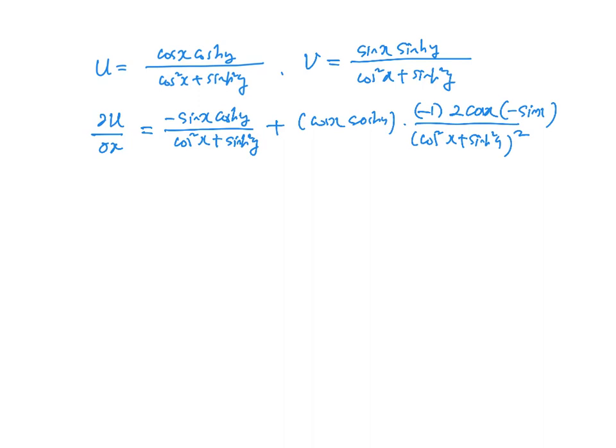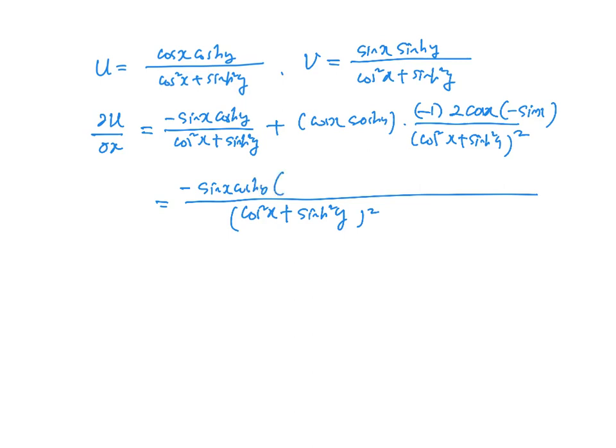You have to be really patient. So minus minus plus, we have minus sine x cosine hyperbolic y times cosine square x plus sine hyperbolic square y, over cosine square x plus sine hyperbolic square y, squared, minus minus plus twice cosine x cosine hyperbolic y cosine x sine x over the same square.